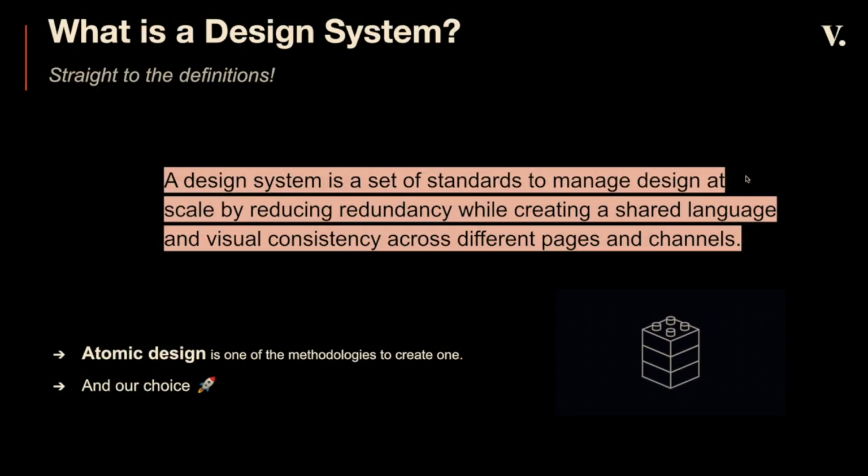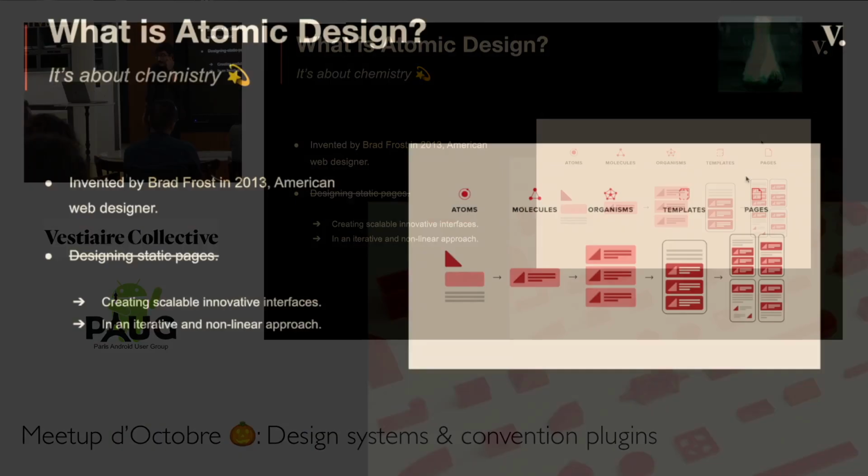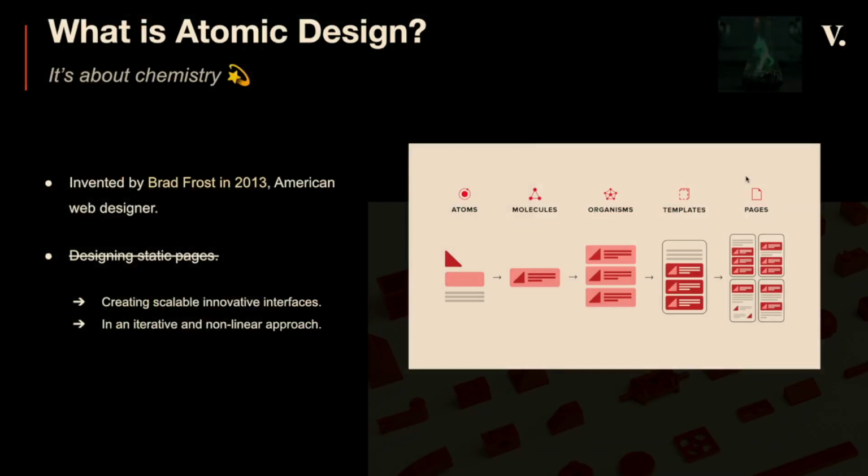There are many ways to approach the creation of a design system. Atomic design is one of the methodologies that was trusted for its coherence. So what is atomic design? Atomic design is a design approach that was invented by the American web designer Brad Frost in 2013.